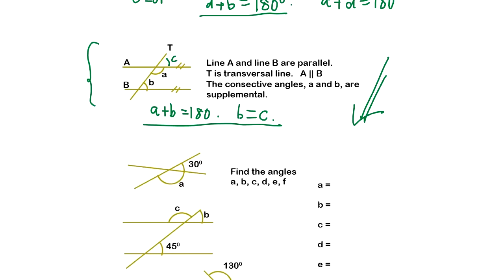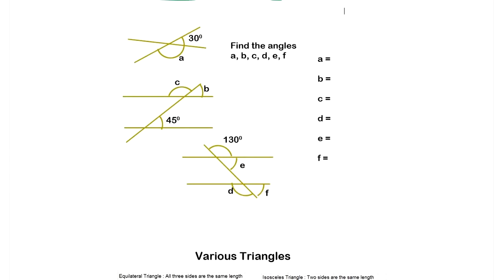So let's practice a little bit. It's elementary school level, so you shouldn't have any problem with this. Here A is 180 minus 30, right? And B is 45, so C is 180 minus 45. Okay, B is 45. And what is D?